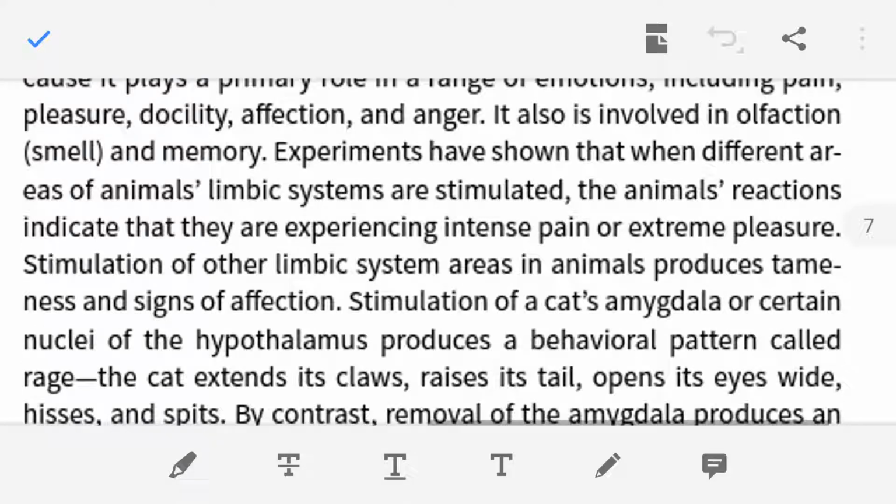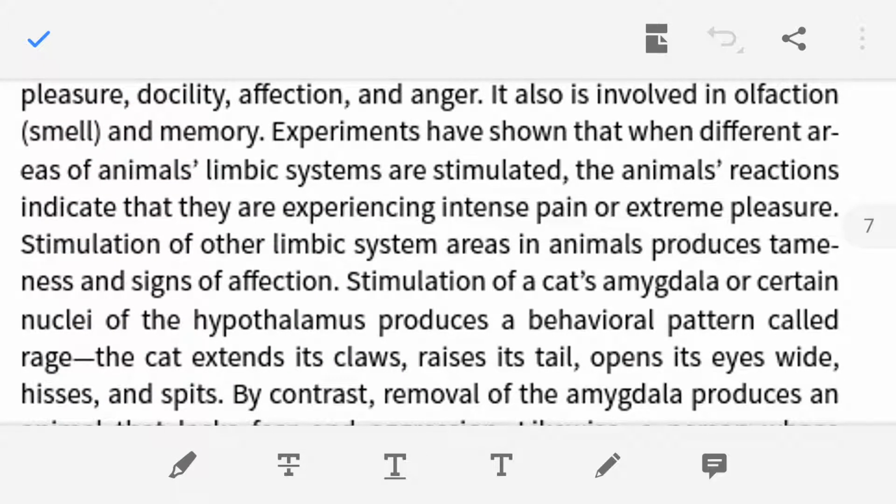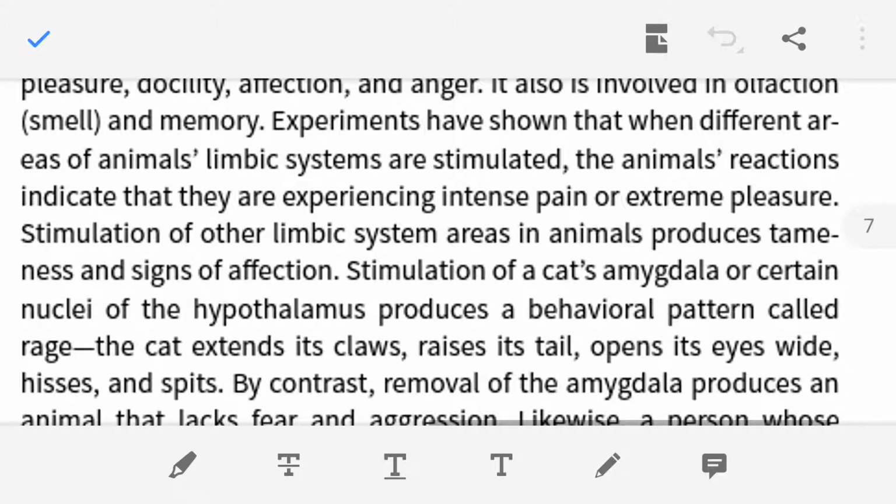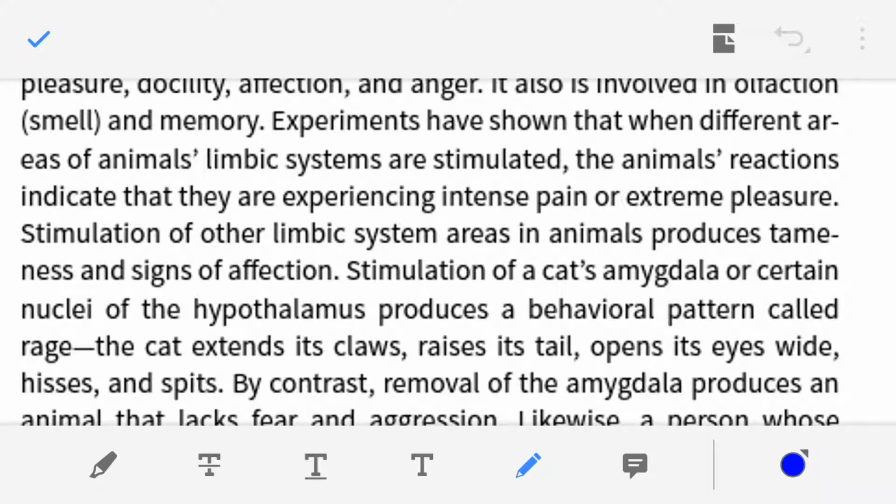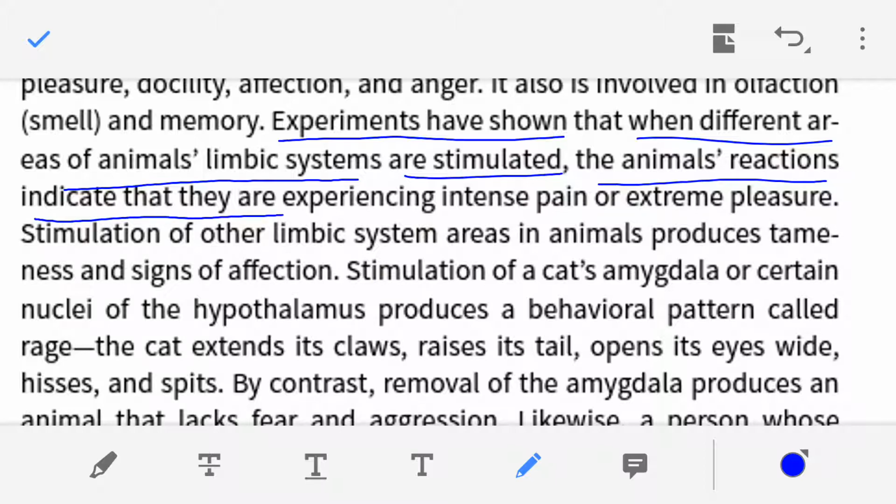Now scientists performed some experiments on animals, and they tried to figure out the function of the limbic system. So let's check what they found out. See, experiments have shown that when different areas of an animal's limbic system are stimulated, the animal's reactions indicate they are experiencing intense pain or extreme pleasure.